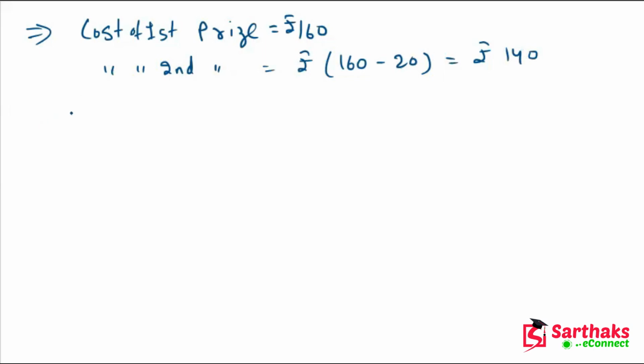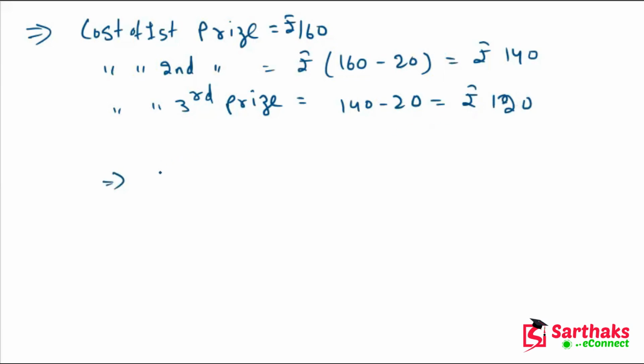The cost of the third prize is 140 minus 20, which is equal to rupees 120. So like this, we have 160, 140, 120, 100, 80, 60 and 40.